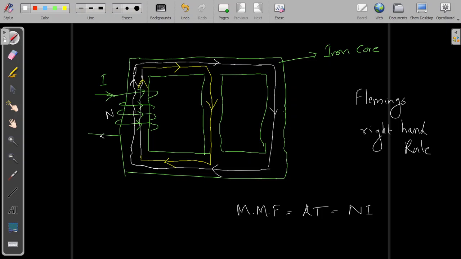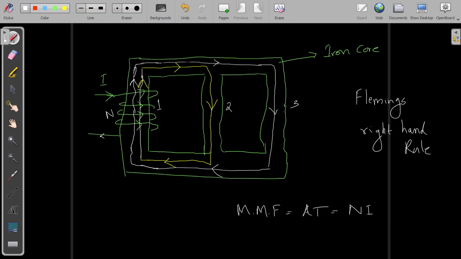Yes, it is a fact that a number of flux lines, we don't know how many, will be passing through the two limbs. This is limb 1 on which the winding is placed. This is limb 2 and this is limb 3.